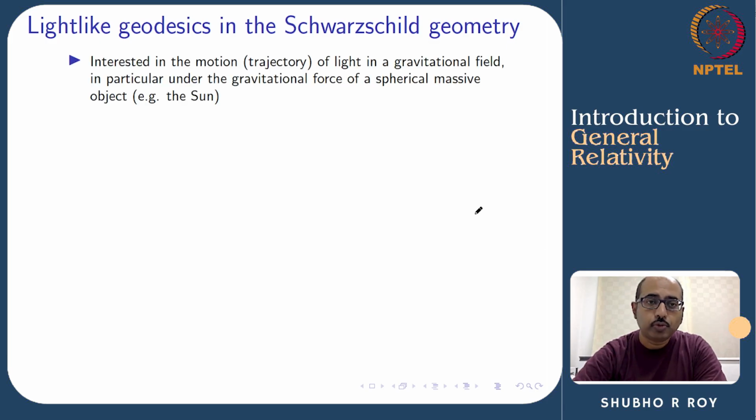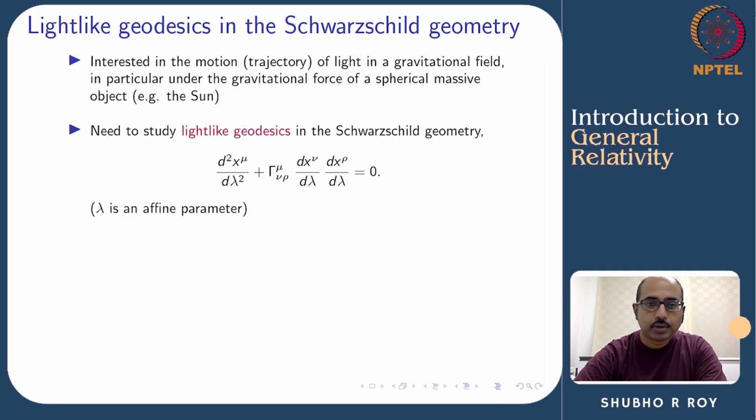Let me remind you why we're studying this, because we're interested in the motion or trajectory of light in a gravitational field, in particular under the gravitational force of a spherical massive object, for example, our sun. First, we write down the geodesic equation. This is the affinely parameterized geodesic equation because the right-hand side vanishes.